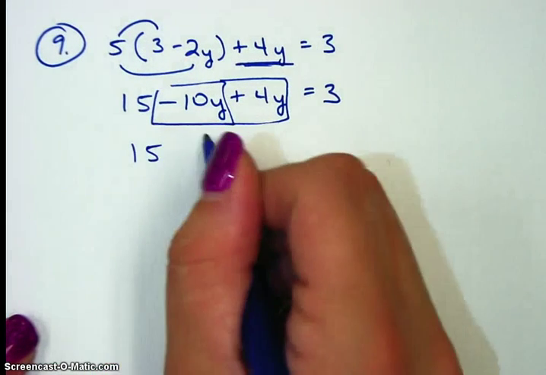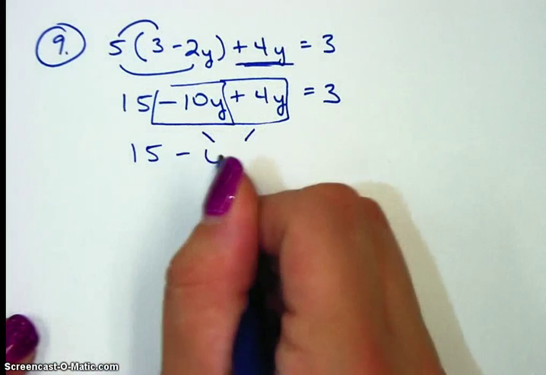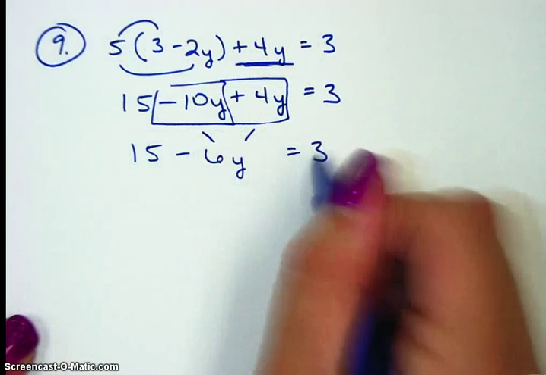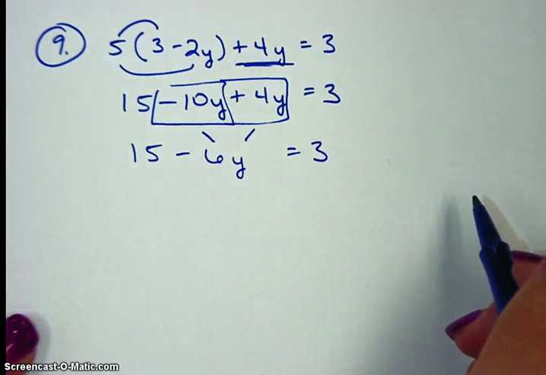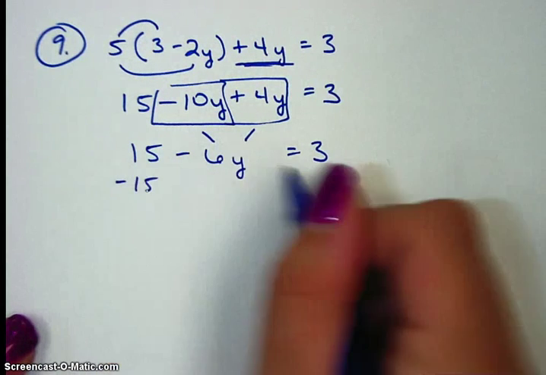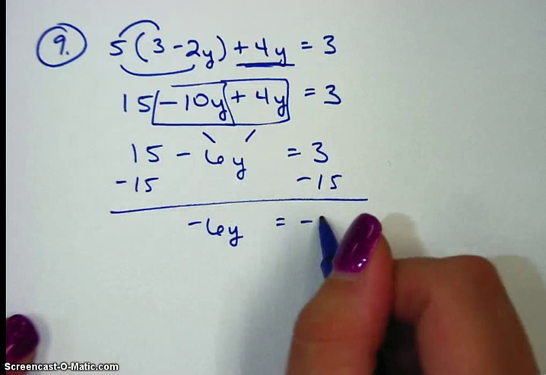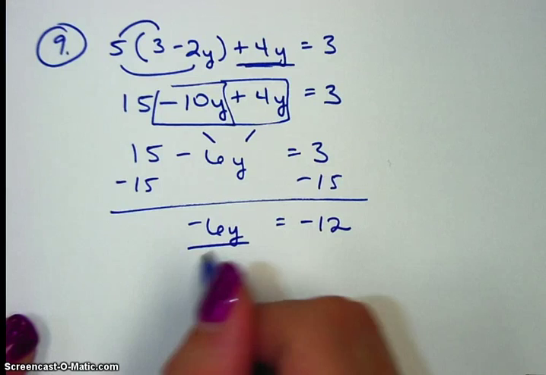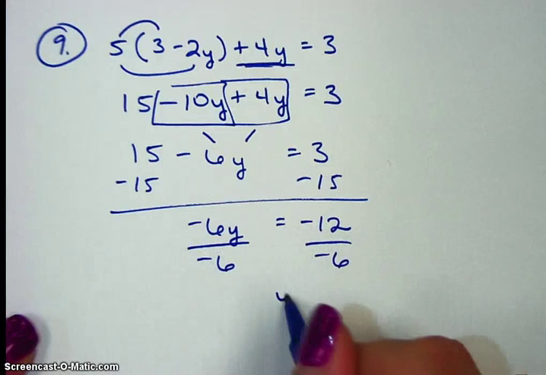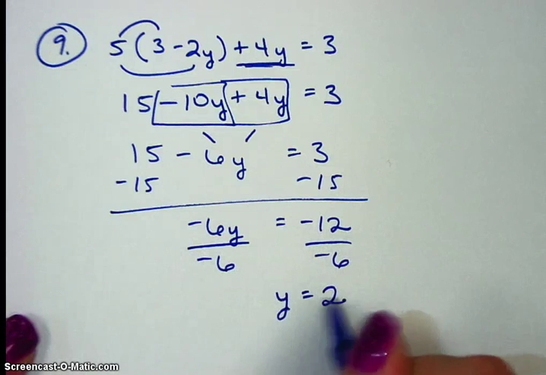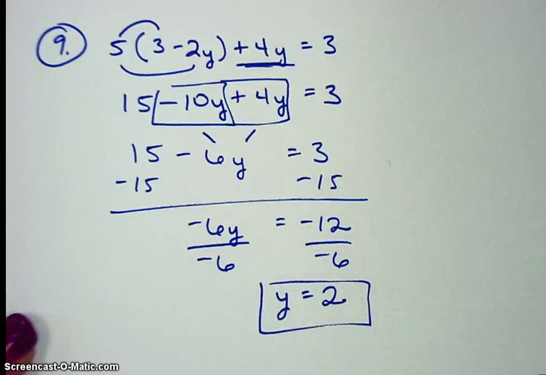So 15, and these right here make negative 6y, equals 3. Well, subtract 15. There's an understood positive in front, so negative 6y equals negative 12. Divide by negative 6. So y equals 2. So that's number 9. Number 10.